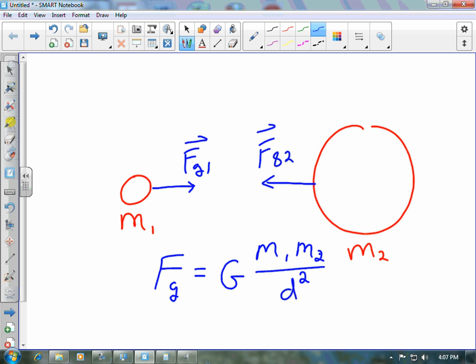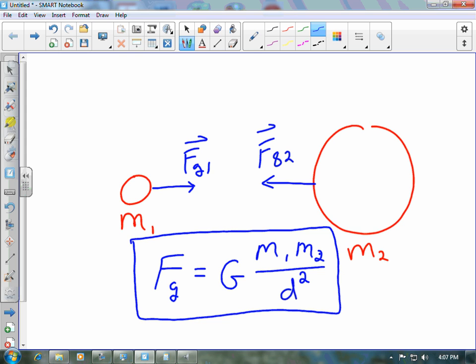That is the force due to gravity, and this is what Newton discovered. He discovered that if you put the numbers into this equation, you'll get the correct force for gravity.